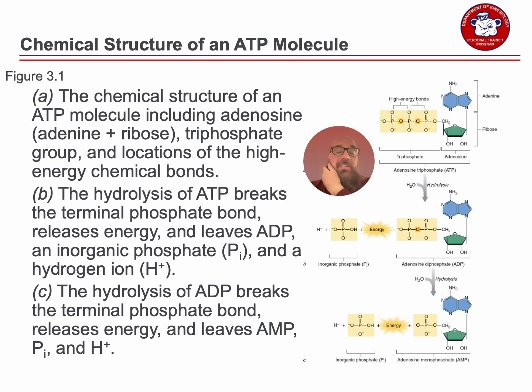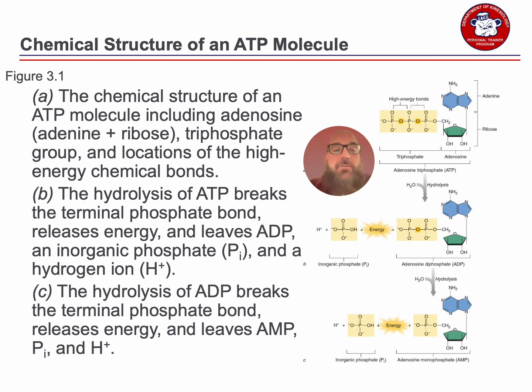All right, so the first thing we're going to see here, I know it's small right now, but it will blow up on the next slide. You're going to see A, B, and C, this process. First, the chemical structure of the ATP molecule, including adenosine, which is basically adenine and ribose, a triphosphate group, and the locations of the high energy chemical bonds. I'll show you this a little bigger. The hydrolysis of ATP breaks the terminal phosphate bond.